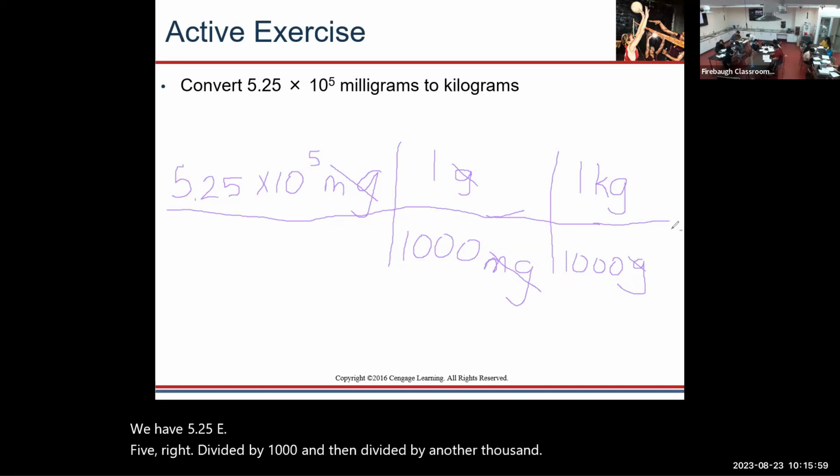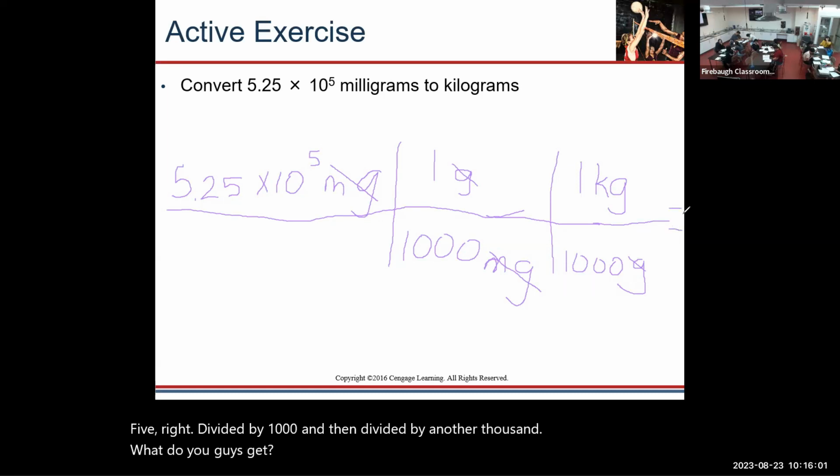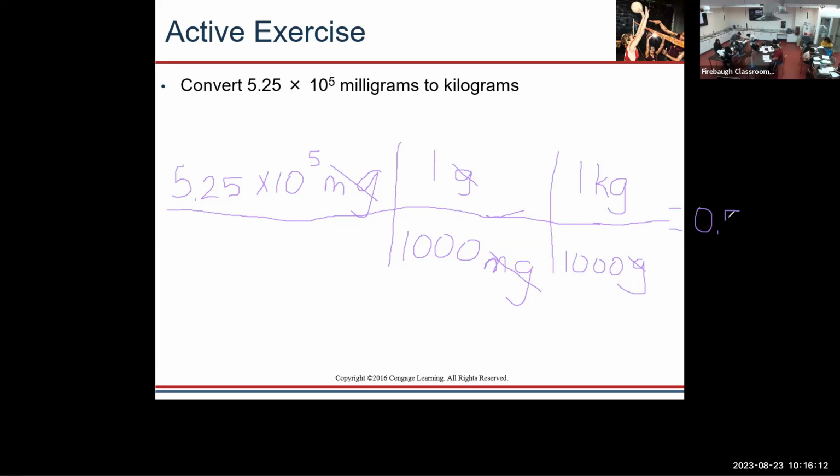What do you guys get? 0.525. That is correct.